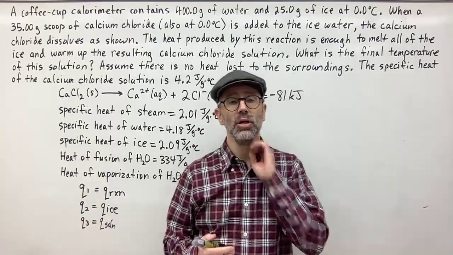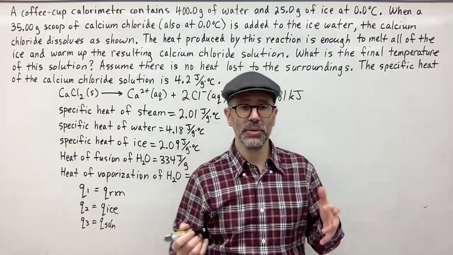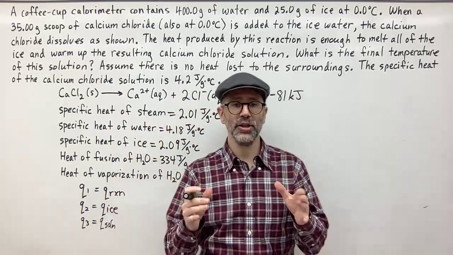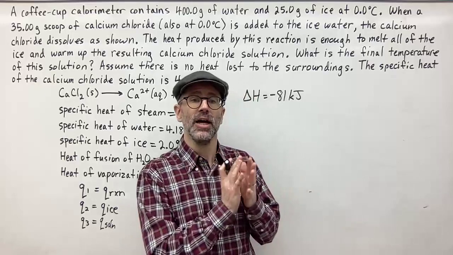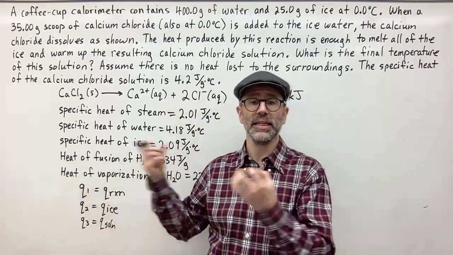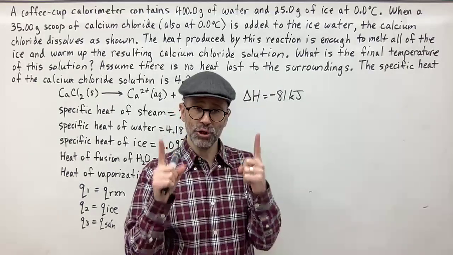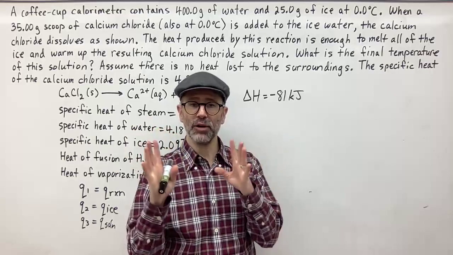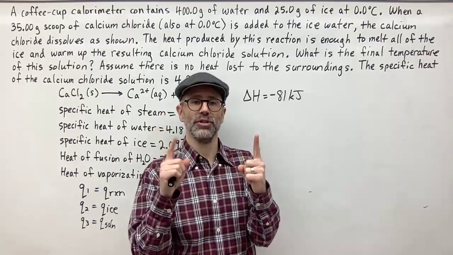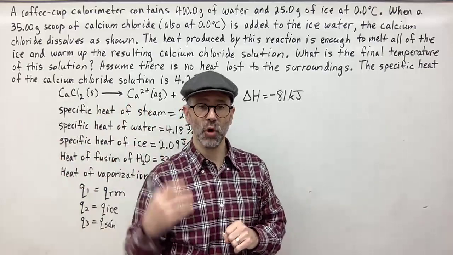So now what we need to do is set up our equation. Remember, we're assuming here that all of the heat released by one object is being absorbed completely by the others. So if we had 2 Q values, your simple calorimetry problem would have two Q values, right? One thing is releasing heat, one thing is absorbing heat.